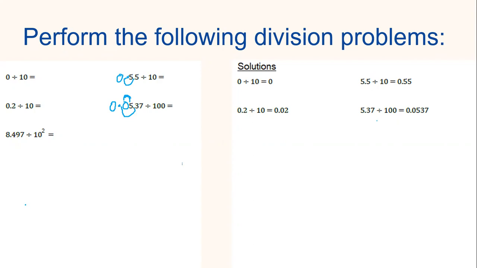How many zeros? No, look at here, how many powers are there? 0.08497. Yes, that's the answer. There will be 2 zeros, yeah?